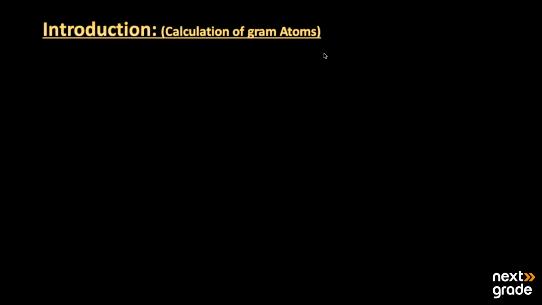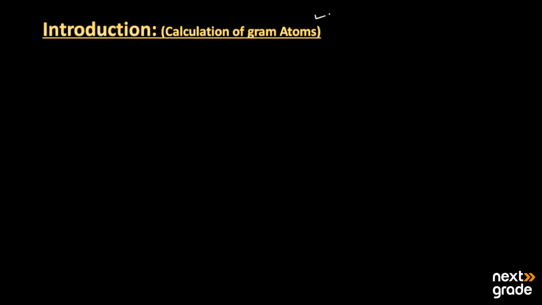In today's video, we are going to discuss the calculations related to gram atoms, that is, how we can calculate gram atoms in different problems. Before finding the number of gram atoms, you must know what is meant by gram atoms.